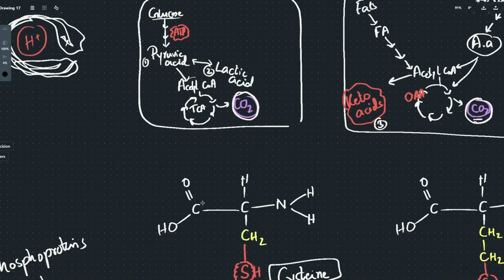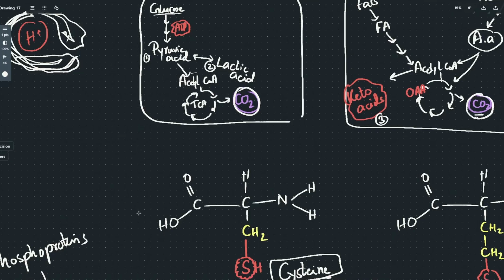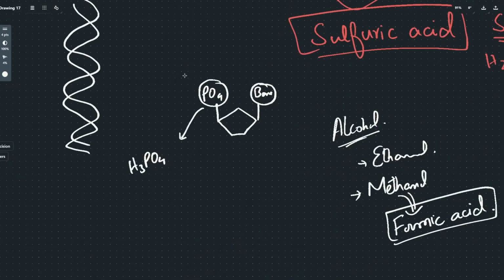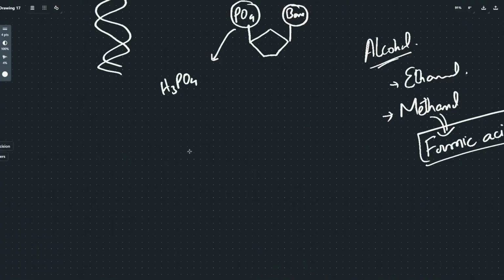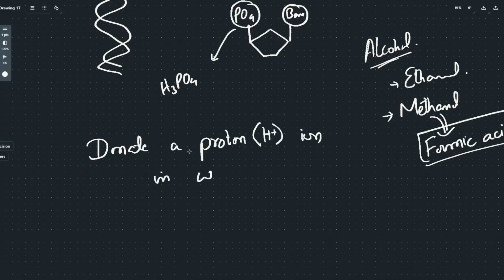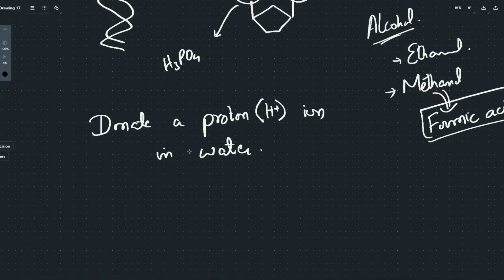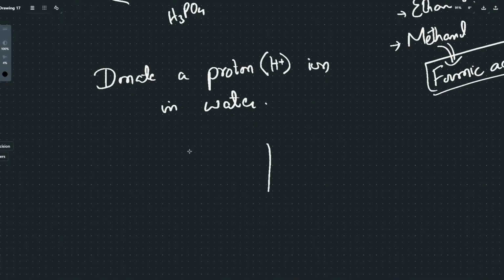Well, if you have studied from my previous videos, you might have understood that there are many definitions of acids, but one of the most common definitions is that an acid is a substance that can donate a proton, I mean an H positive ion, in water or any aqueous environment such as blood, which is also mostly water.